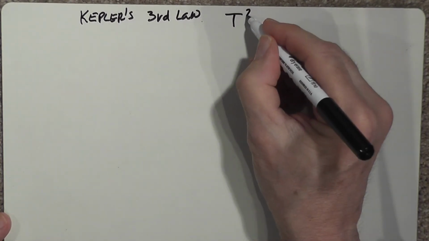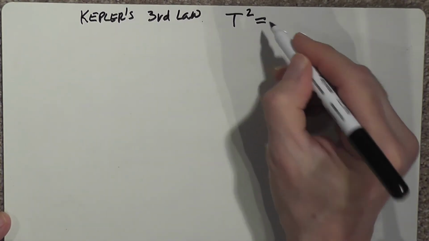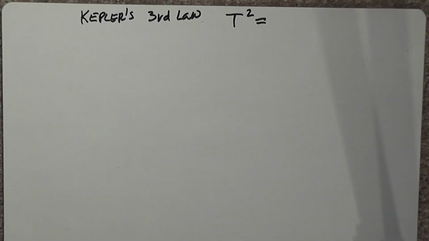Period is the amount of time it takes for, say, a satellite to make one revolution around a planet, say Earth, squared, is equal to the distance the satellite is from the main planet it's orbiting.